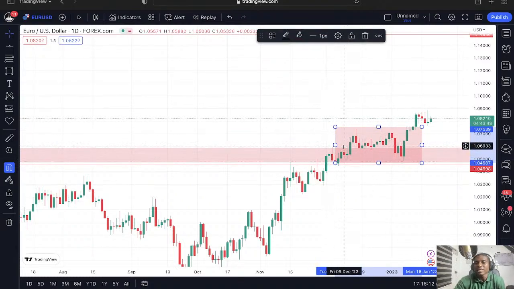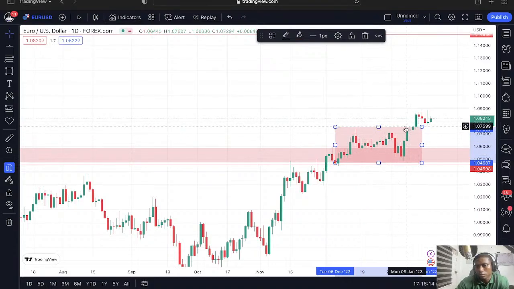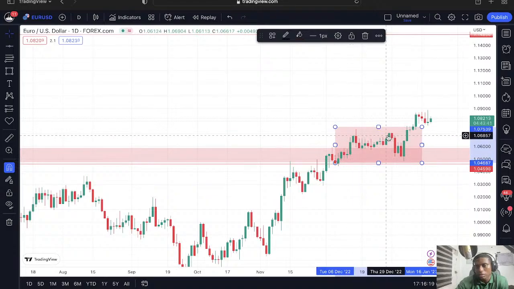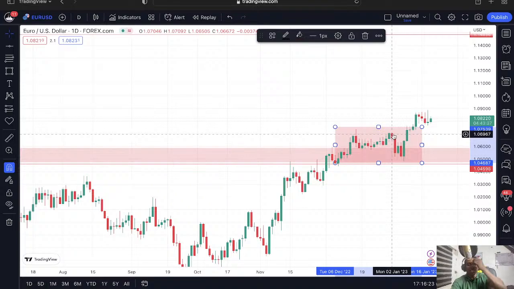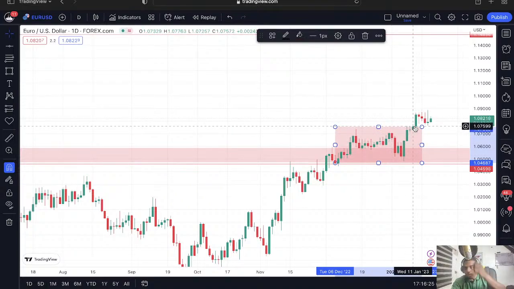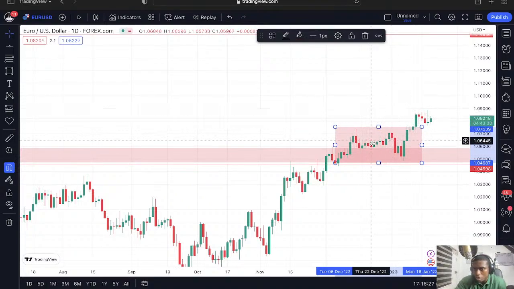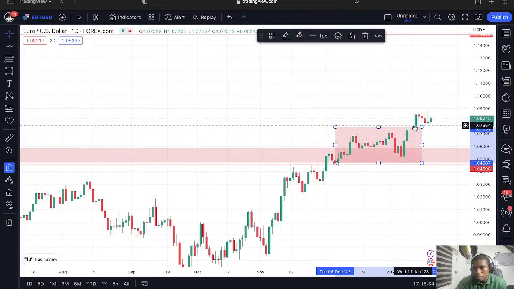Price rallied at this level, went up, and we can see that this bullish candle broke out of this rally. This is a daily time frame. The bullish candle broke out of this rally, and we can see price still consolidating up here.